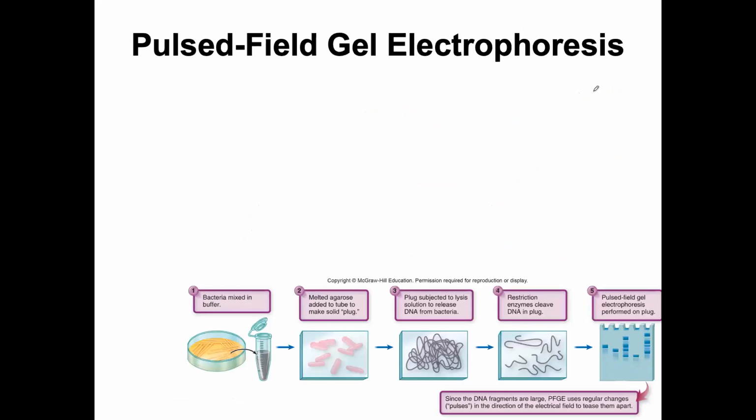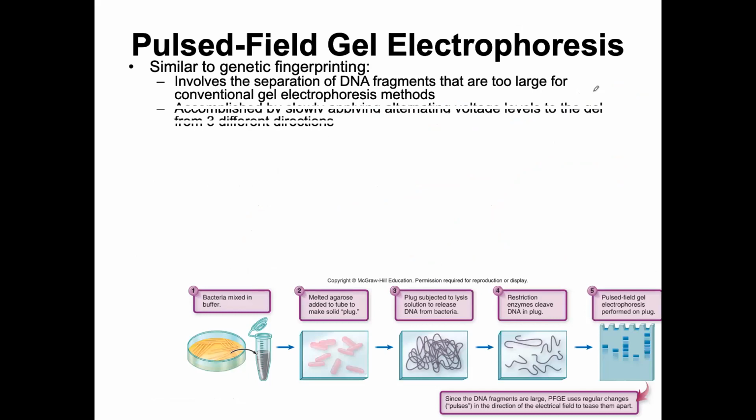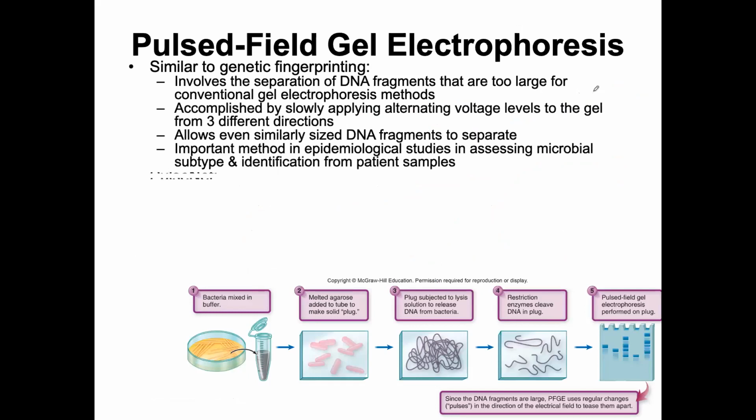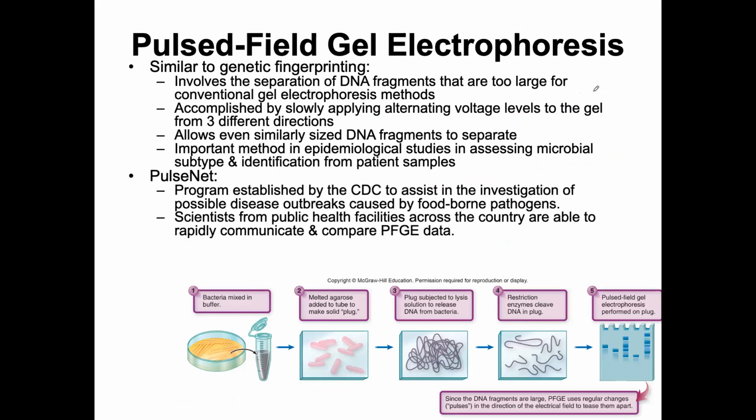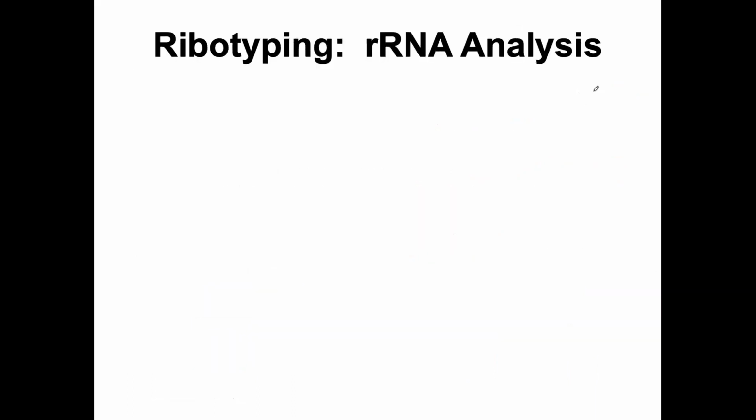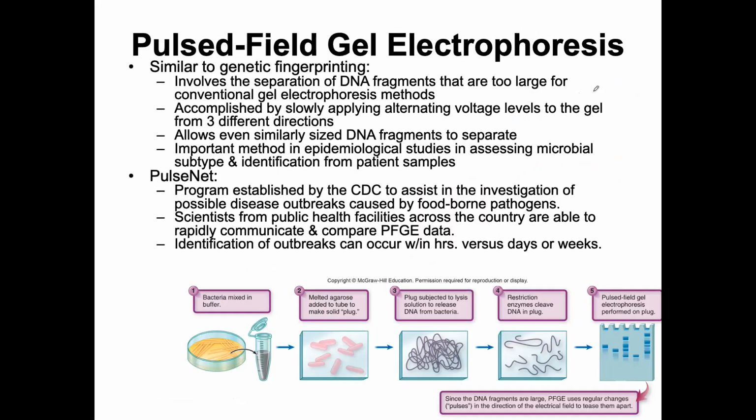This is another method where you can take DNA from your sample and you can run it through something called a gel. All right, what is a gel? Think of it like Jell-O.